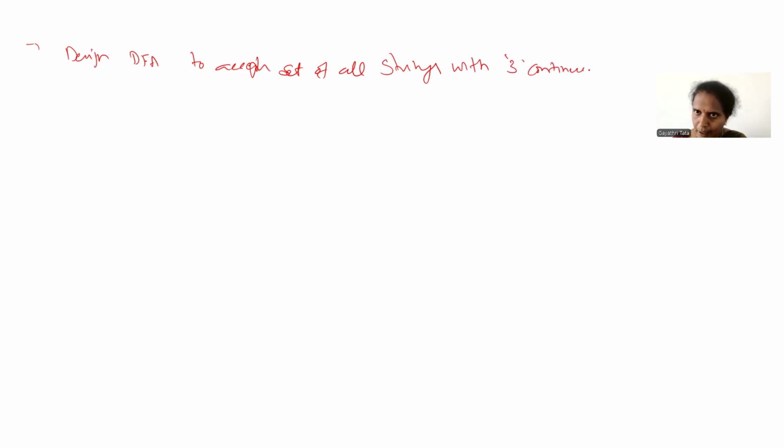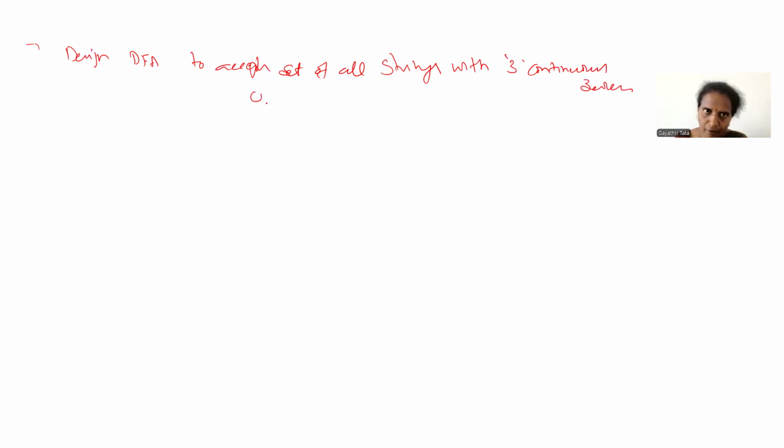See here, my question is: design a DFA to accept the set of all strings with three continuous zeros.